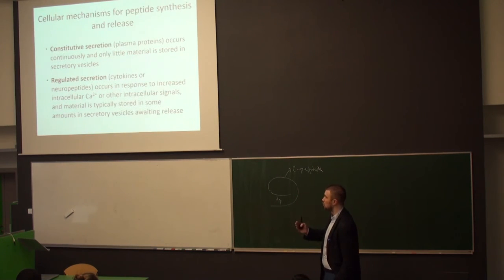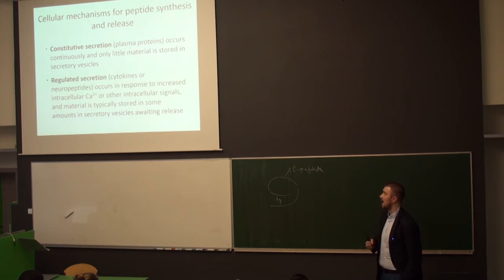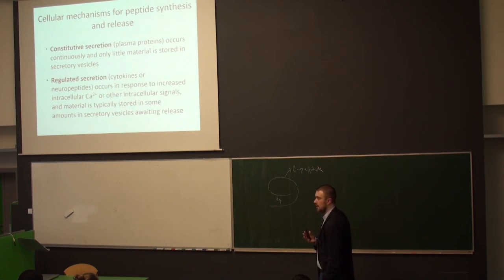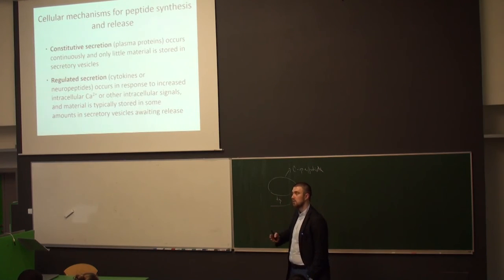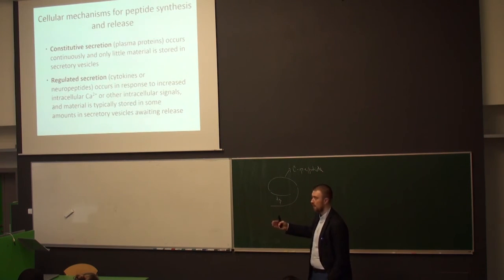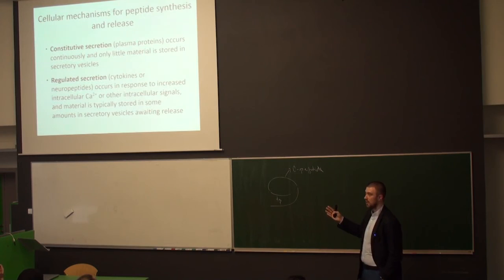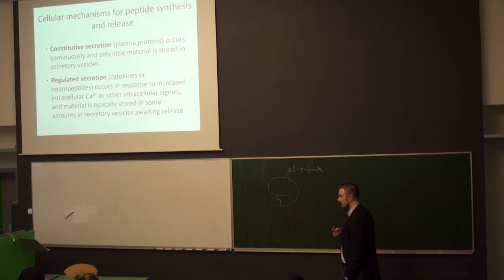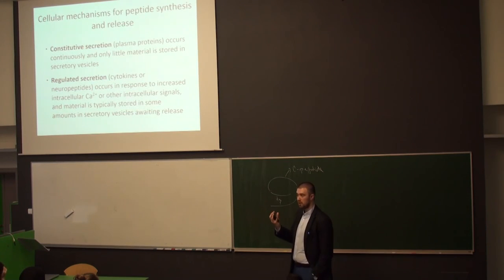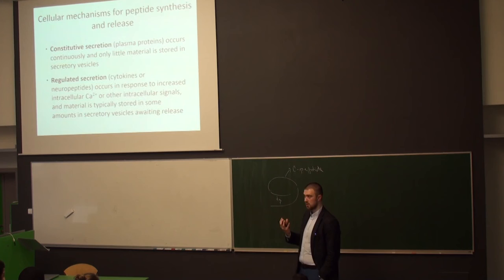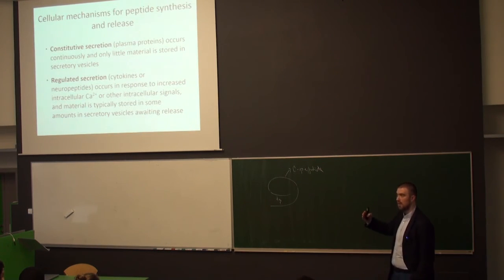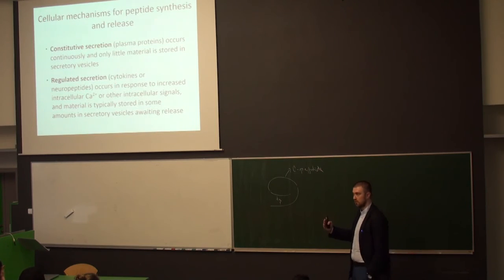Only small quantities of these proteins are actually stored, since you must, during the whole day, replace the lost proteins. For the peptide signaling molecules, you typically use the term regulated secretion. That means these hormones are prepared in store in the secretory vesicles, and after some signal, they are at one moment released in big quantities to the bloodstream.